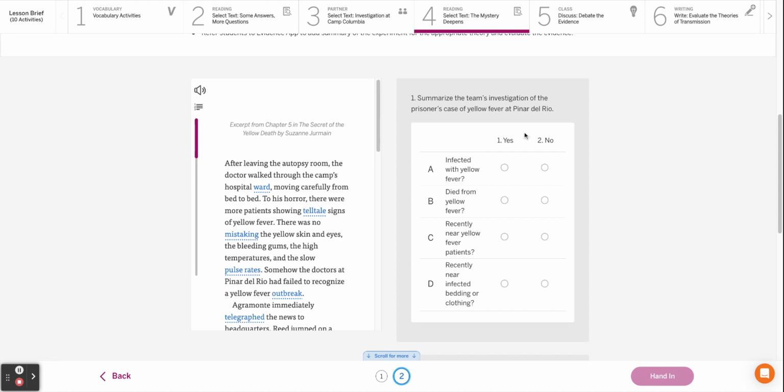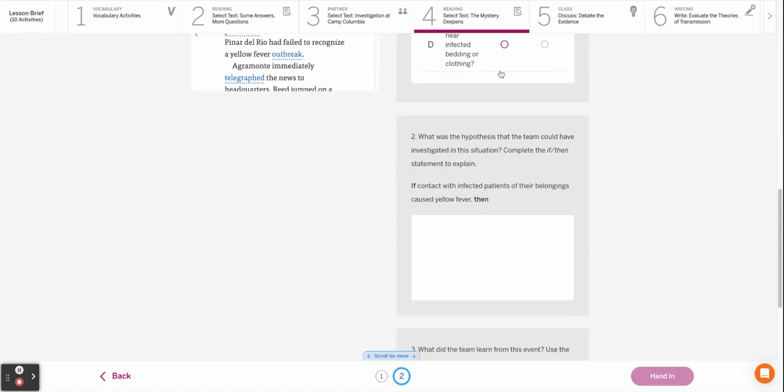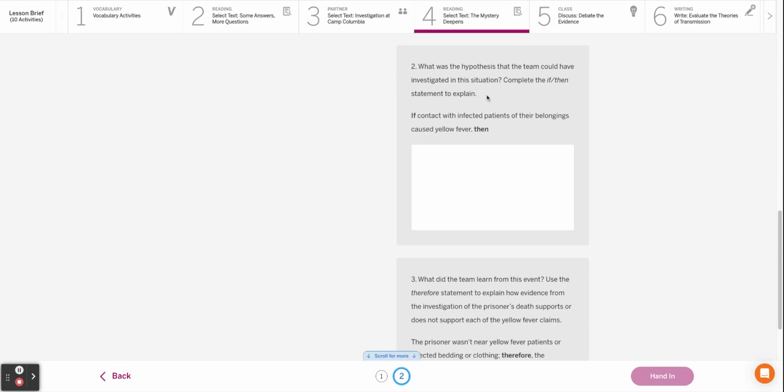Summarize the team's investigation of the prisoner's case of yellow fever by deciding yes or no. So, was the prisoner infected with yellow fever? Did they die from yellow fever? Recently near yellow fever patients? Or recently near infected bedding or clothing? What hypothesis could the team have investigated from the situation?